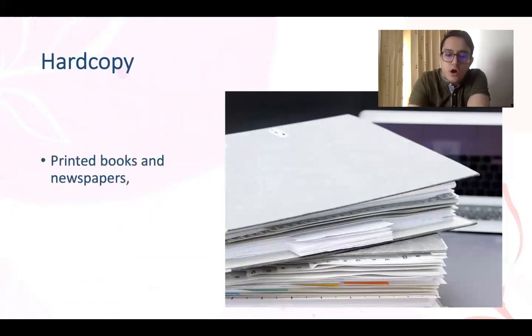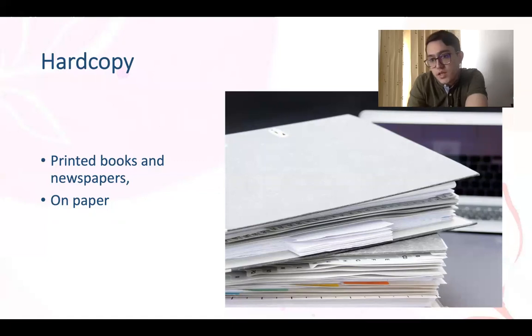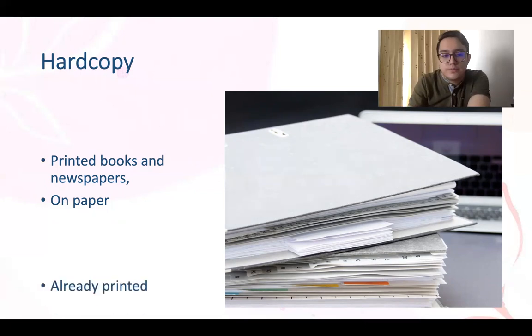Now, what are hard copies? Hard copies are such as printed books and newspapers. Whatever you put on paper. So if you print it out from the soft copy to be a hard copy, it means you have printed out the soft copy and it becomes a hard copy.